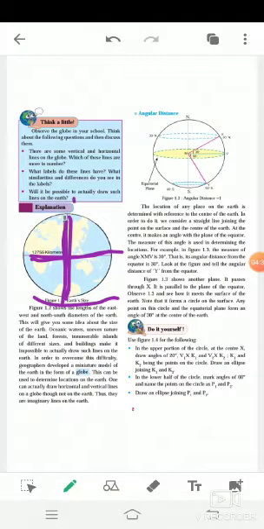This is north, south, east and west. These are the diameters.